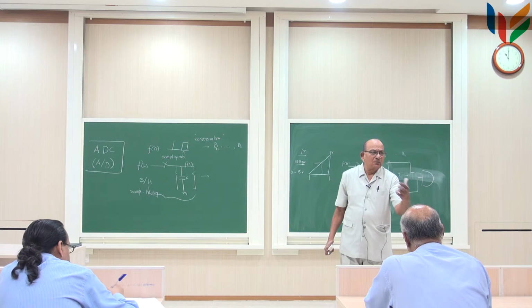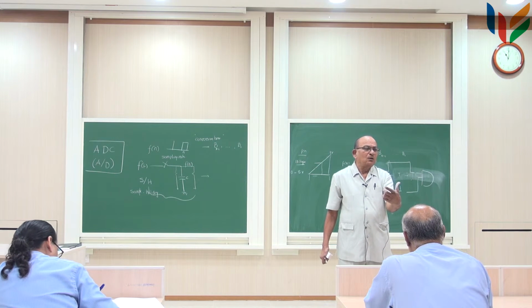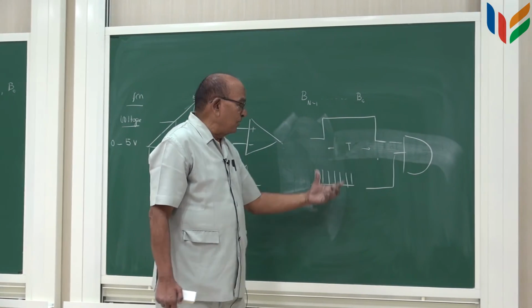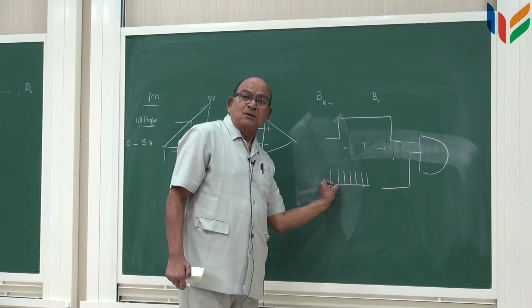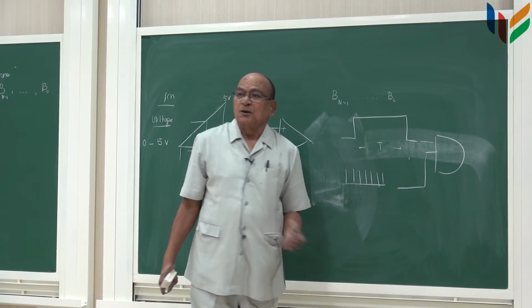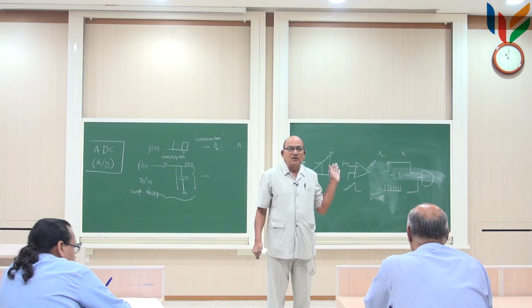Within the time duration, I am counting pulses. How many pulses have gone in the duration equal to the width of this. So the number of pulses, and this interval is fixed. I said my 1 megahertz clock or 10 megahertz clock. So this interval is fixed. So the number of pulses into interval is equal to the time t that is there.